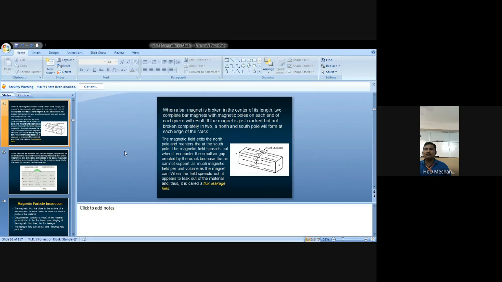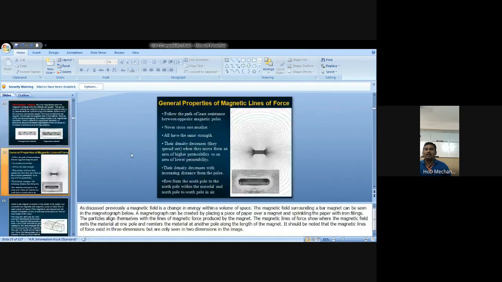A magnetograph can be created by placing a piece of paper over a magnet and sprinkling the paper with iron filings. The particles align themselves with the lines of magnetic force produced by the magnet. The magnetic lines of force show where the magnetic field exits the material at one pole and re-enters the material at another pole along the length of the magnet.